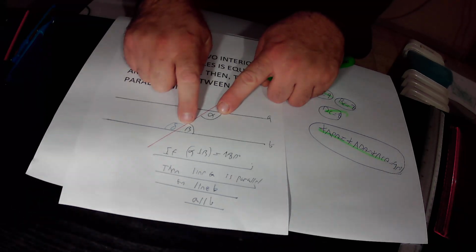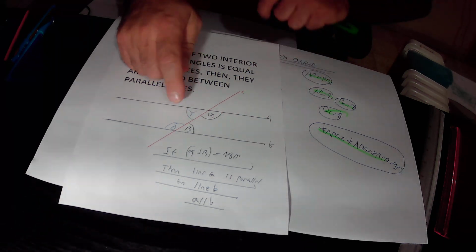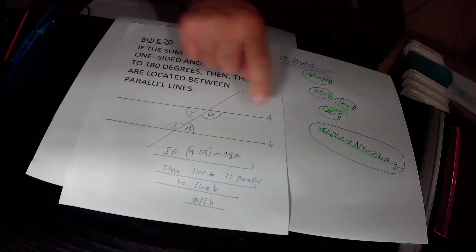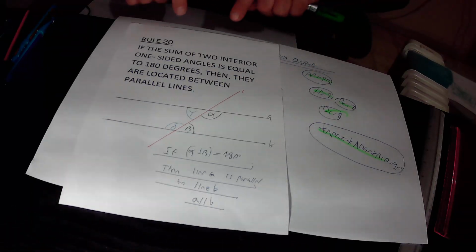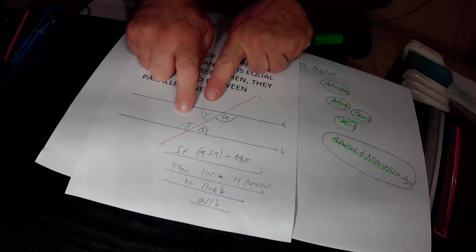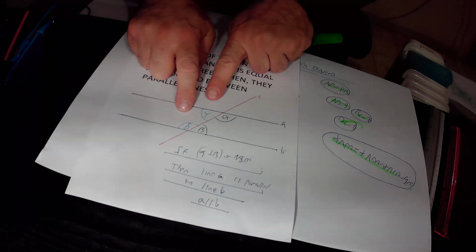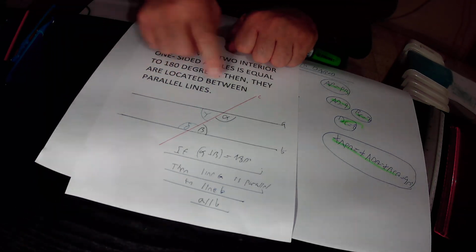So according to this rule 20, if the sum of those two angles is 180 degrees, that is to say if alpha plus beta equals 180 degrees, then line A is parallel to line B. Likewise, those angles are defined as one-sided interior angles. So if gamma plus beta equals 180 degrees, then they must be located between parallel lines. Then line A is parallel to line B.